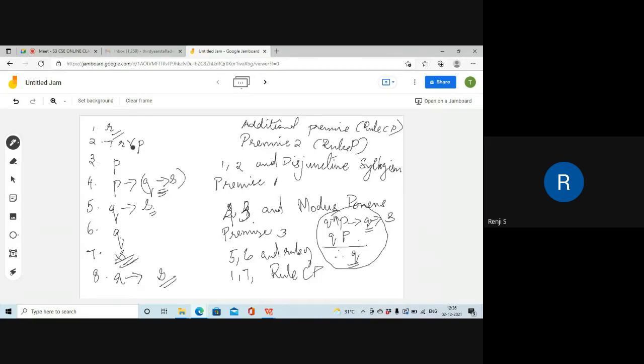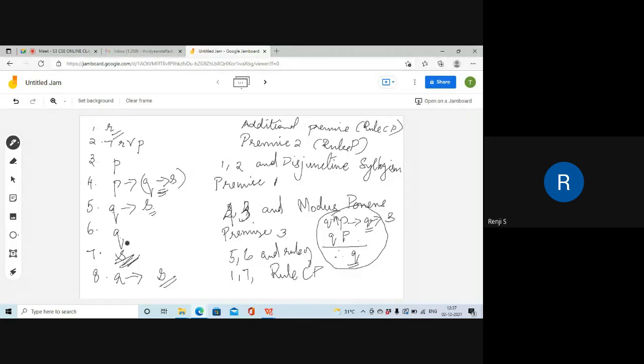So, is it clear? So these premises that are given are valid premises. The question was to determine the validity. If we could reach the conclusion S, then we can say that the given set of premises are valid arguments.